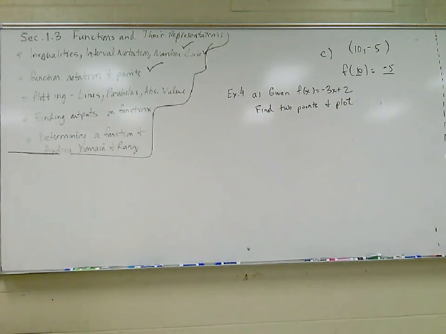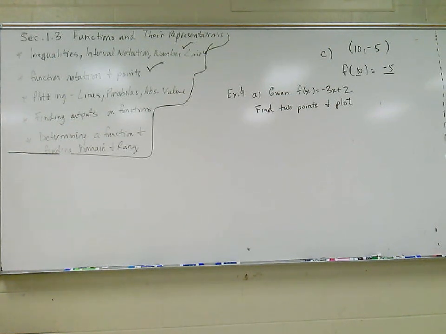Why wouldn't I say find 3 points or 4 points? Yeah, that's exactly right. That's all you need. You only need 2 points, and then once you draw a line, that represents it. So find 2 points and plot. Okay. So write your function notation or write your points and then plot.